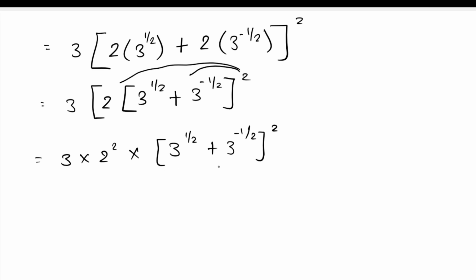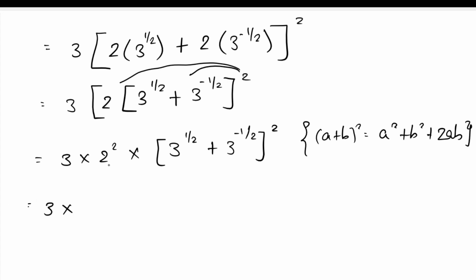Now for this bracket, I am applying the formula (a plus b) the whole square, which is equal to a square plus b square plus 2ab. So we'll get here 3 into 2 to the power 2 is 4 into, this is (a plus b) the whole square.